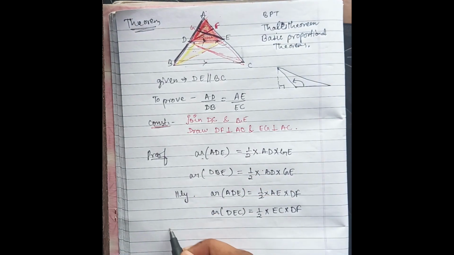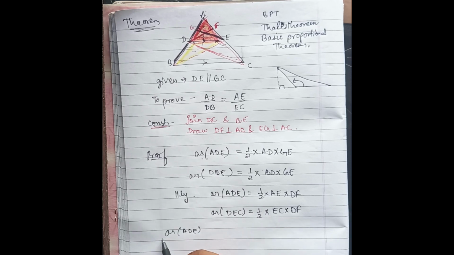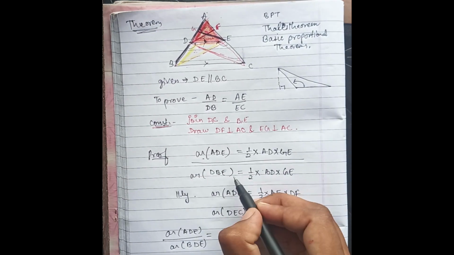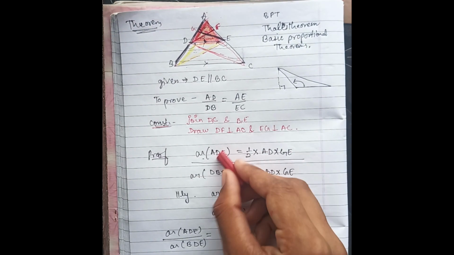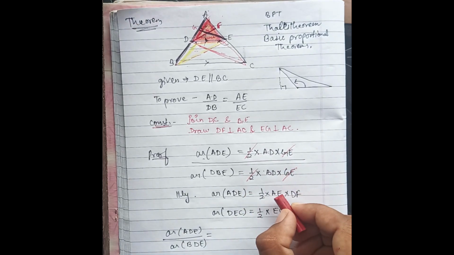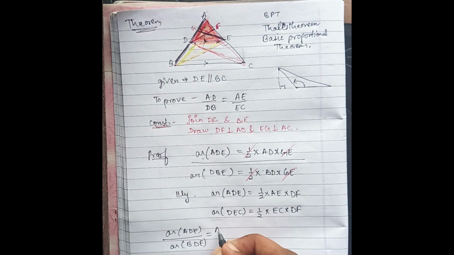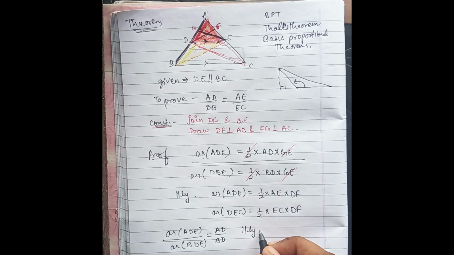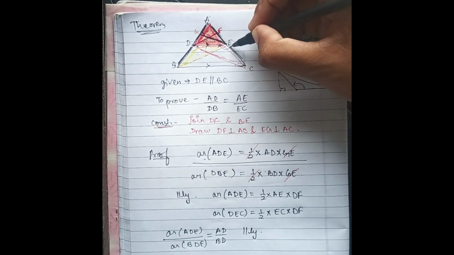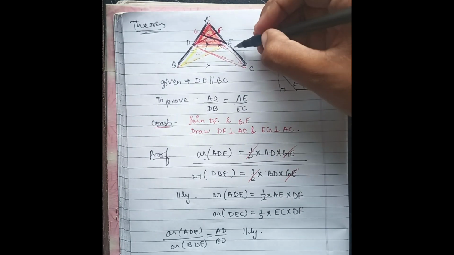Okay, so the ratio of triangle area ADE divided by area BDE, what is it going to be? If we divide these two areas, half cancels, GE will cancel GE. What we get? We will be getting AD upon BD. Similarly, we will be dividing these two bases, as we want these bases as ratio AE upon EC.